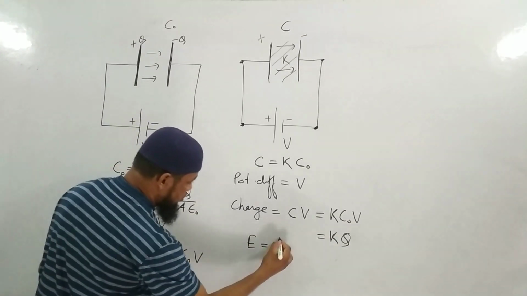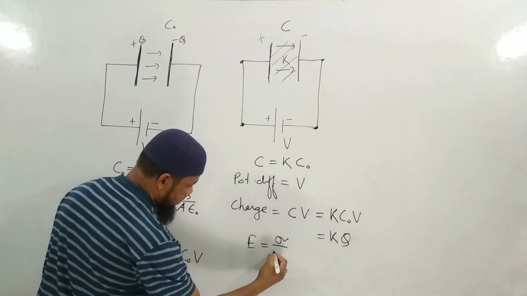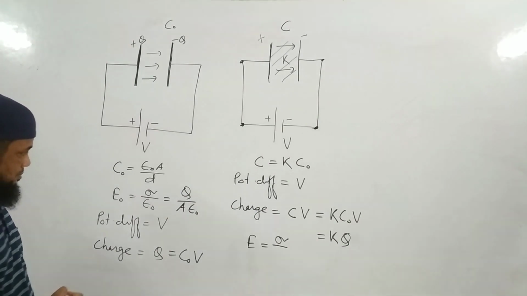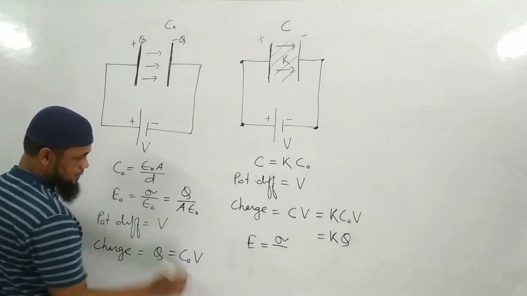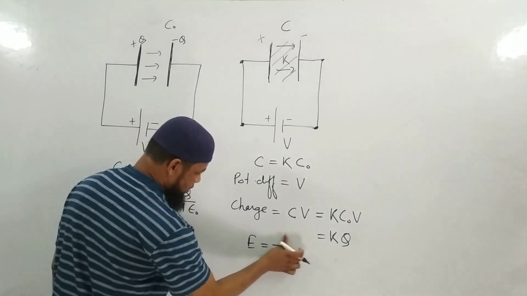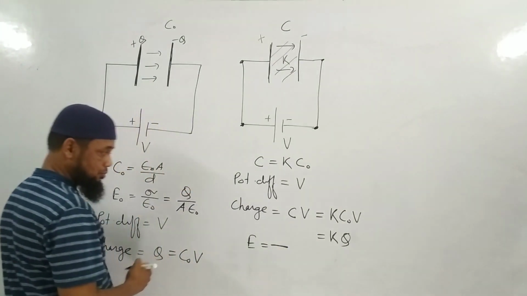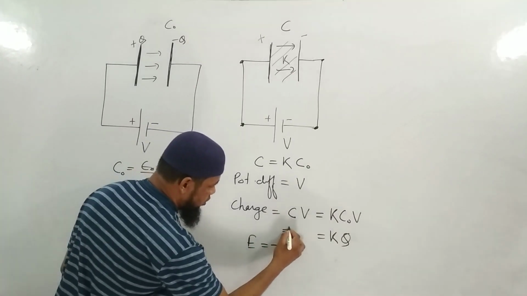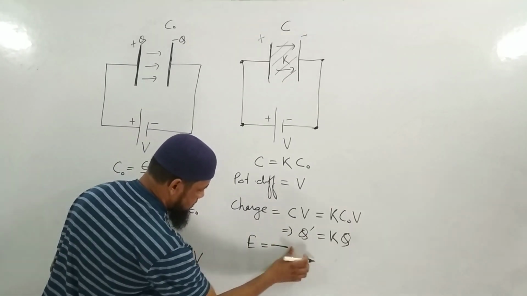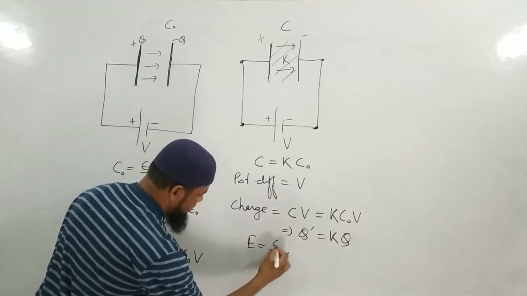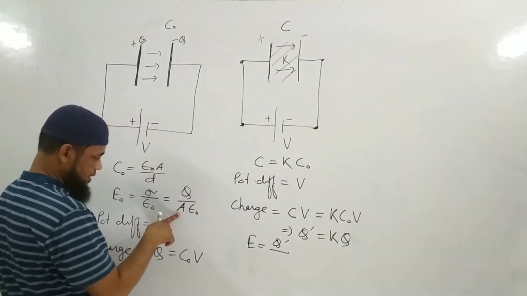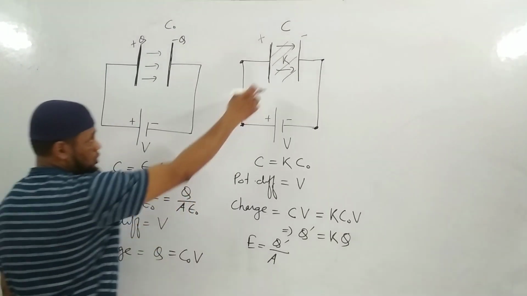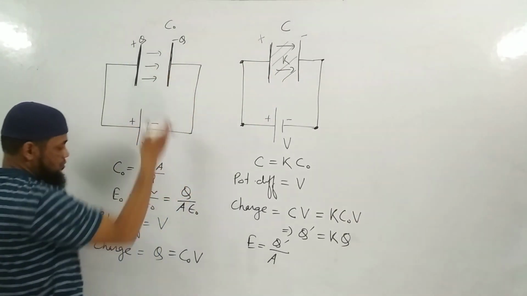Now what will be the electric field in the region? Obviously the electric field in the region will become sigma by epsilon. What is the sigma now? Will it remain the same? Here it is Q divided by A epsilon naught. Now I have to write it differently. This is the new charge, let me call it Q dash. So the new electric field will become Q dash divided by A epsilon. This is no longer epsilon naught. That was vacuum, so epsilon naught.